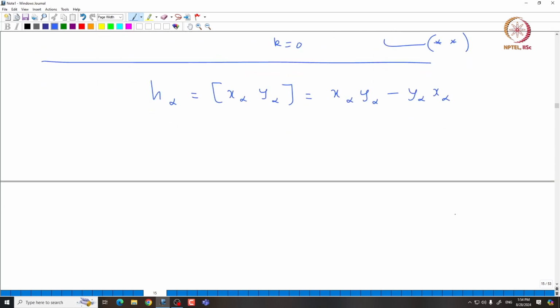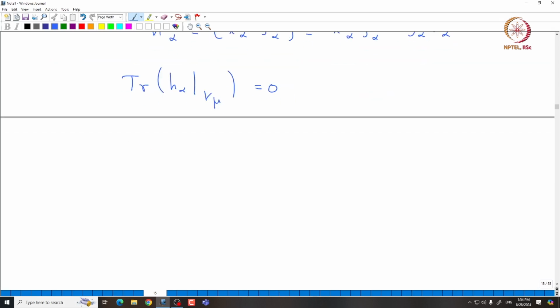Now we know how h alpha acts on the individual weight spaces. So, it is easy to see that the trace of h alpha restricted on V mu is supposed to be 0, because that is exactly the commutator of x alpha and y alpha.